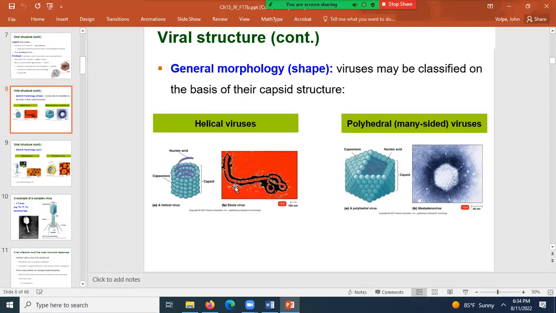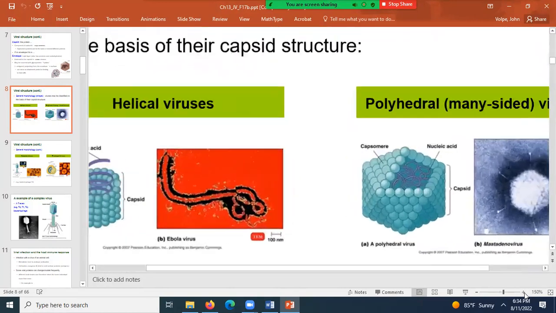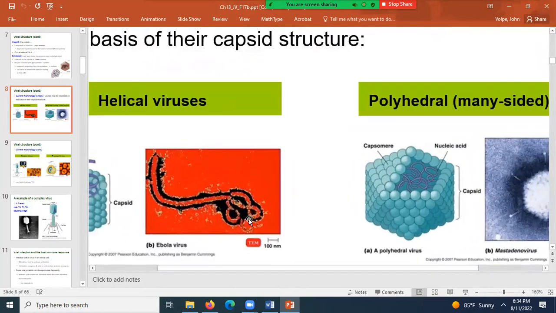For example, on Ebola right here, this does not look like a helix to me, but Ebola has more than just a capsid, meaning its envelope. And we can't see the capsid, at least in this picture. Apparently, it's helical, the capsid.